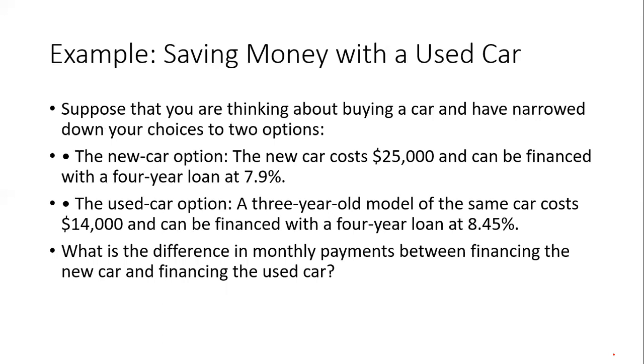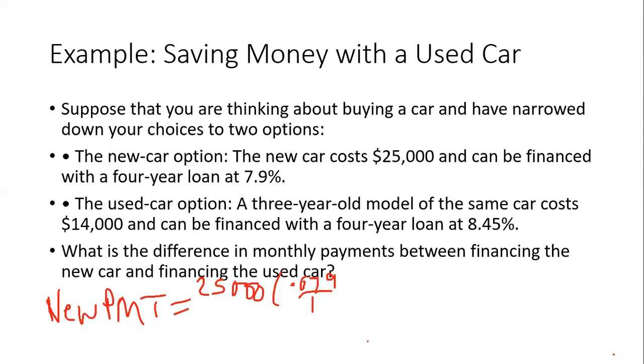So we'll plug this into our payments formula. So for the new payment, we have P, the value of the loan, is 25,000 times R over N. And in here is monthly payment, so 12 months in a year.